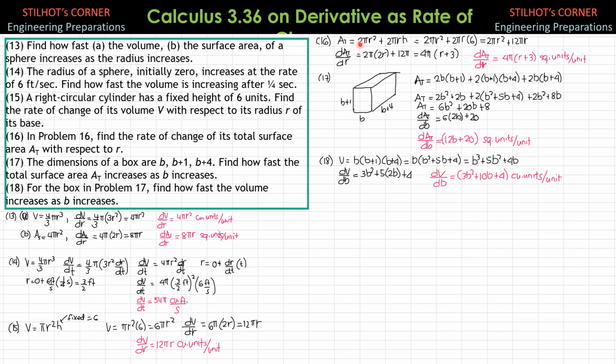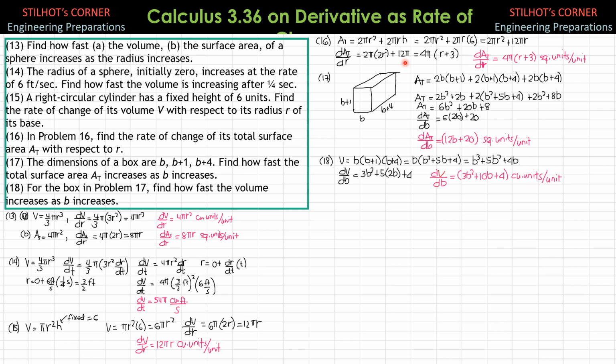So the total surface area is 2 pi r squared plus 2 pi r h. And remember that h is fixed, 6. So that would be 2 pi r squared plus 12 pi r. Differentiating total surface area with respect to r, so 2 pi times derivative of r squared with respect to r, which is 2r, plus 12 pi derivative of r with respect to r is 1.